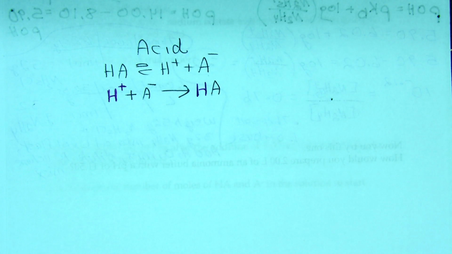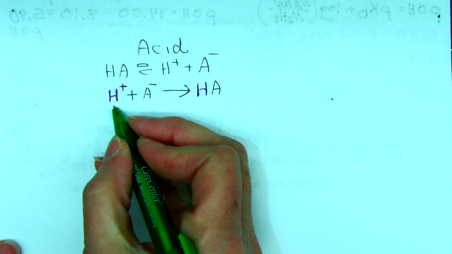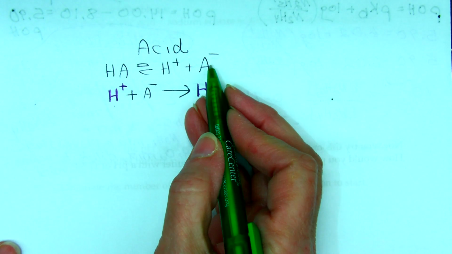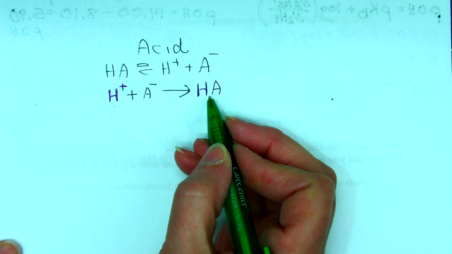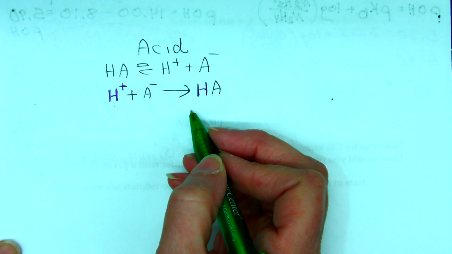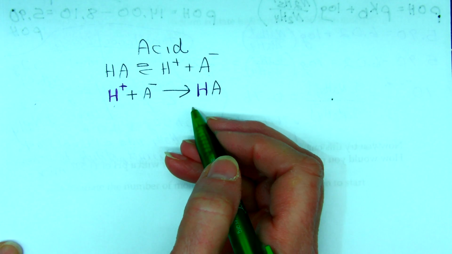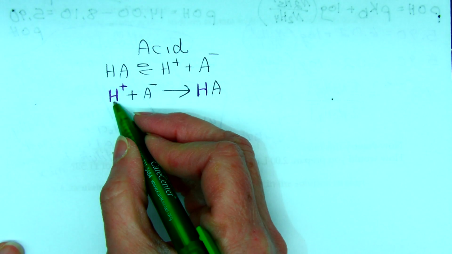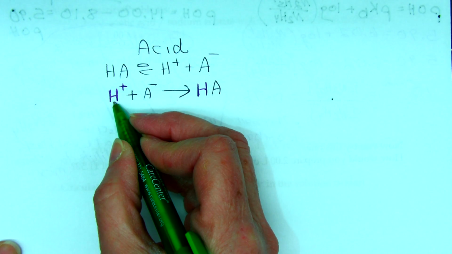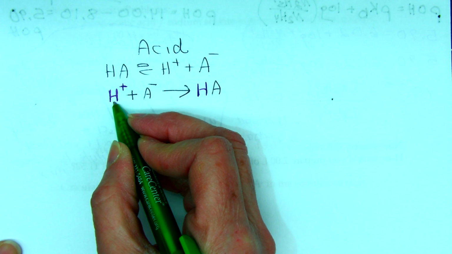Then equilibrium restores itself. But we have to think of this happening fast in a one-way street, otherwise the math gets too crazy. So we think of any loose hydrogen reacting with the anion, making HA, and then equilibrium restores. Now, is this hydrogen ion any different than any other hydrogen ion? Absolutely not.